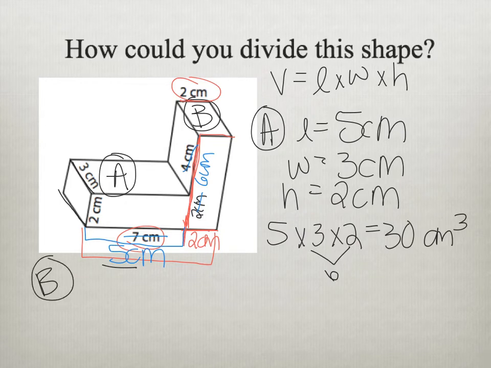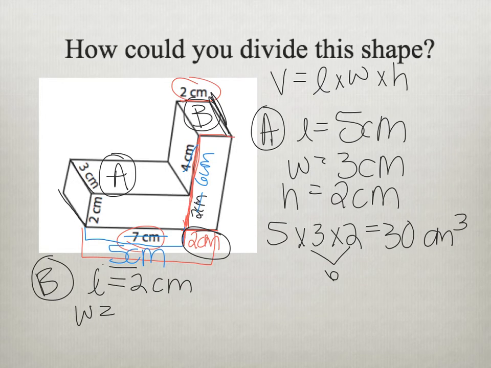I know that my length of shape B is 2 centimeters. My width of shape B is right here. Now if I'm looking on here, it doesn't exactly tell me what my width is, but I can tell that the width here is the same as the width here, here, and here.